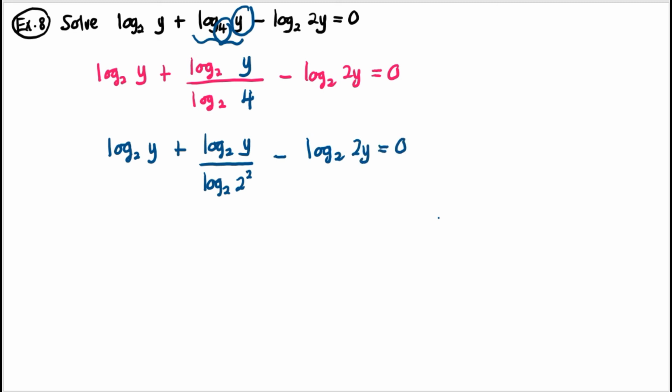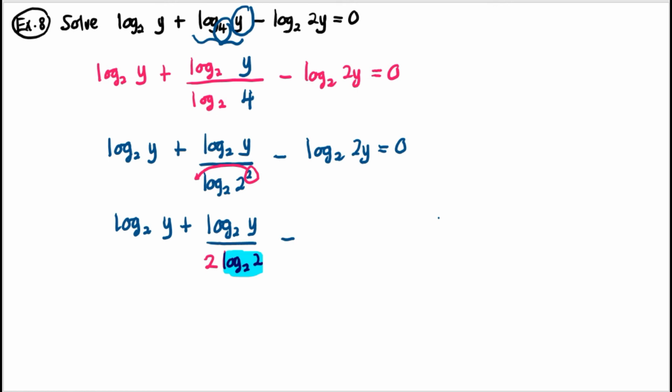Now I have log base 2 of y plus log base 2 of y over, if you bring 2 to the front here, this will give us 2 log base 2 of 2, but you know that log base 2 of 2 is actually 1, therefore you just have 2 at the denominator.